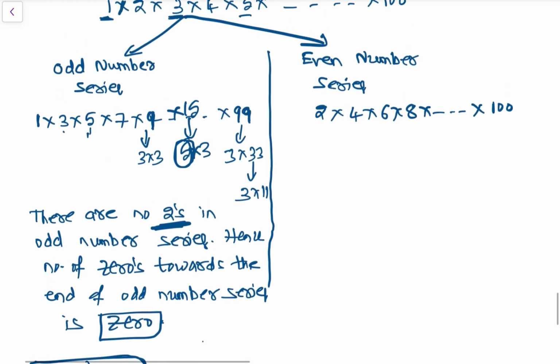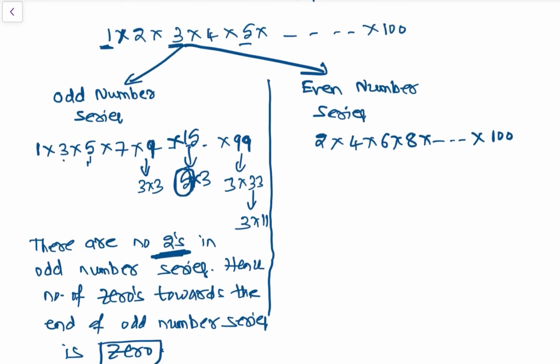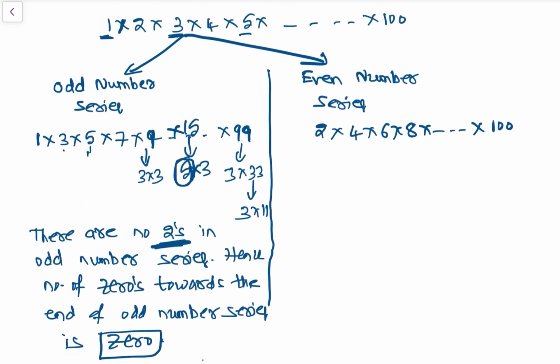So then let's see the even number series. ठीक है. So let's say the even number series है 2 into 1, then 4 can be written as 2 into 2, then 6 can be written as 2 into 3, then 8 can be written as 2 into 4, and so on, and 100 can be written as 2 into 50, ठीक है. अब देखो, ये 2 into 1, 2 into 2 वो ऊपर वाले जैसे एक्सप्रेशन हो गया.